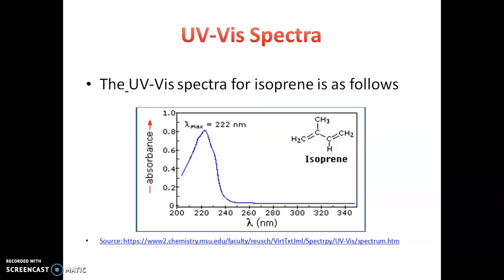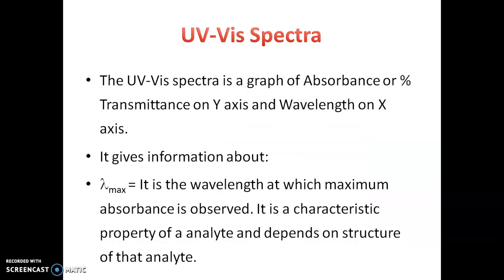This molar extinction coefficient is the absorptivity of a specific analyte for a solution having concentration 1 molar and path length 1 centimeter. In short, UV visible spectra is a graph of absorption or percent transmittance on the y-axis, while wavelength in nanometer on the x-axis.